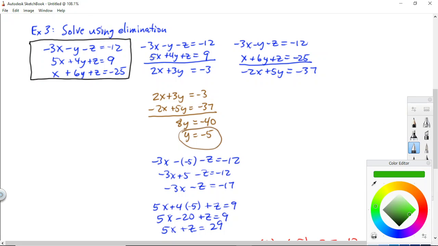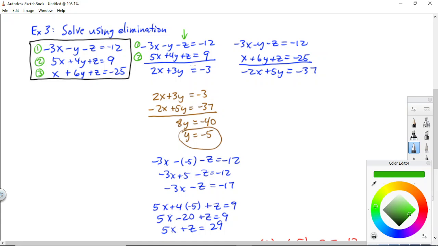So we'll first take a couple of these and try to get rid of one of the variables, and we see these first two. We'll call this one 1, this one 2, and this one 3. If we use those first two, we can add them, and we have a negative z in the first one and positive z in the second one, so that was kind of convenient.